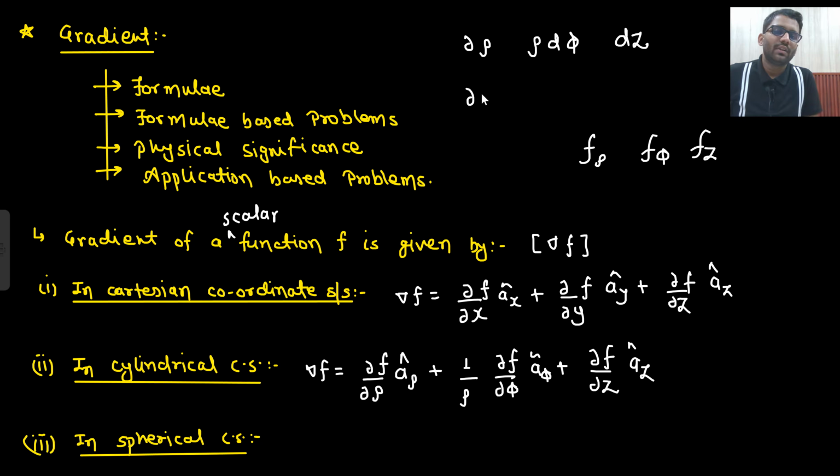What about the next one? dr, r d theta, r sin theta d phi. Okay, all should be del only. These should be del only. This also should be del.